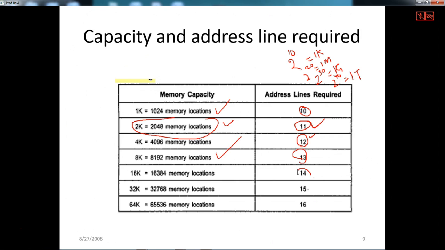And 14 means 16K memory locations. 32K means 15 address lines. And if a memory is 64K, it should have 16 address lines. So this is the address lines required for 64K. Then you have 128 and 256 kilobyte RAM ICs available.